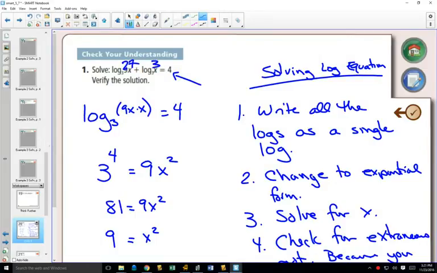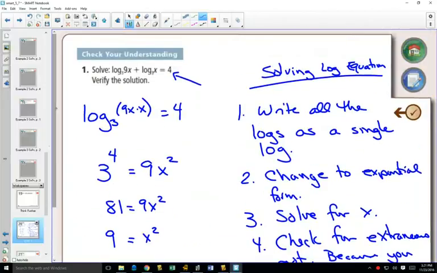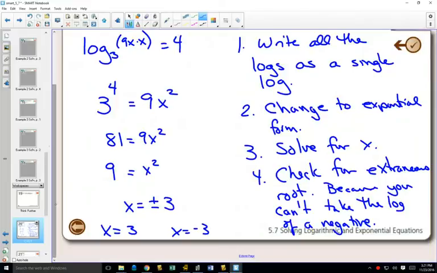Do we ever have a negative number in either of those logs? No. So 3 is good. If we try negative 3, if you plug negative 3 into this one, you get negative 27. You don't even have to check the other one. As soon as you get a negative in there, you can put an x through that one because that root is extraneous. And our only answer is x equals 3.